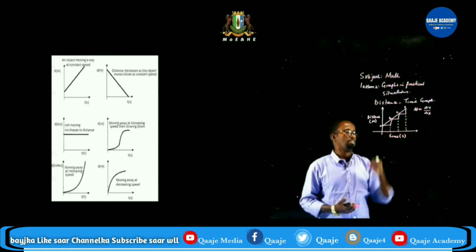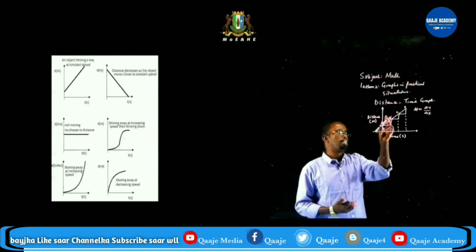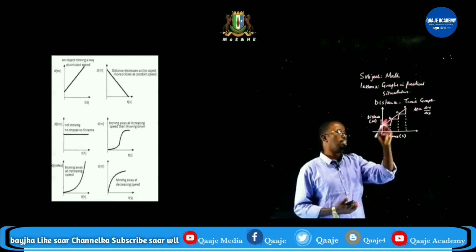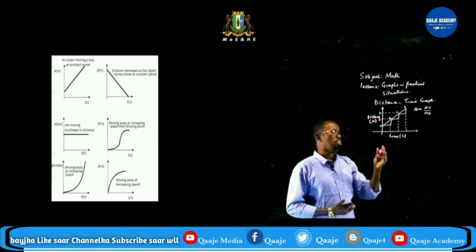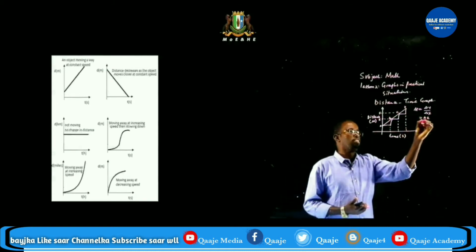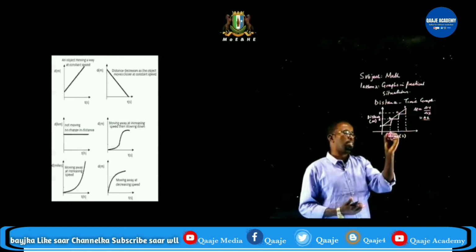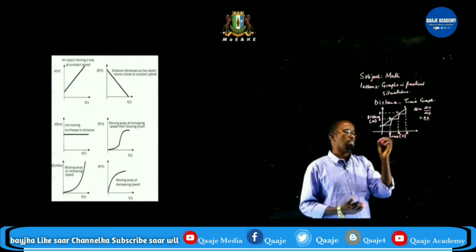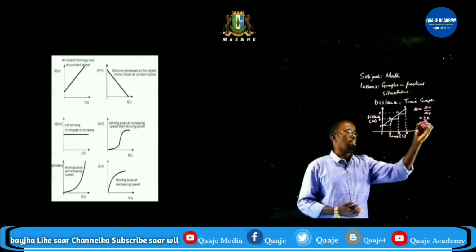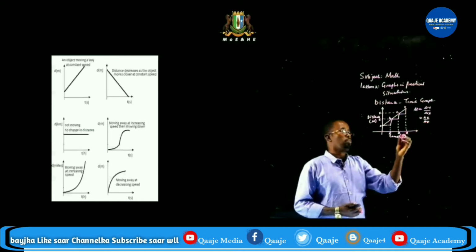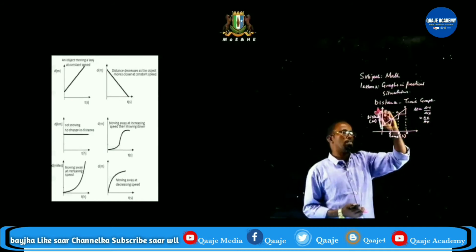This is the x-axis. Now for me to find the gradient of AB, I have to divide change in y by change in x. So that is my change in y. Call this particular point E, and then F. You say AE divided by, call this one P, Q, R and S, so AE divided by PQ.